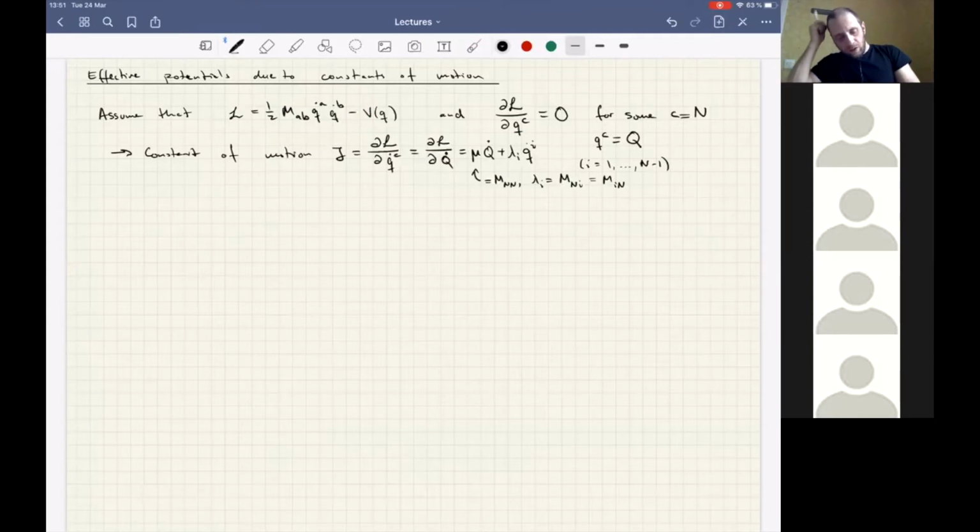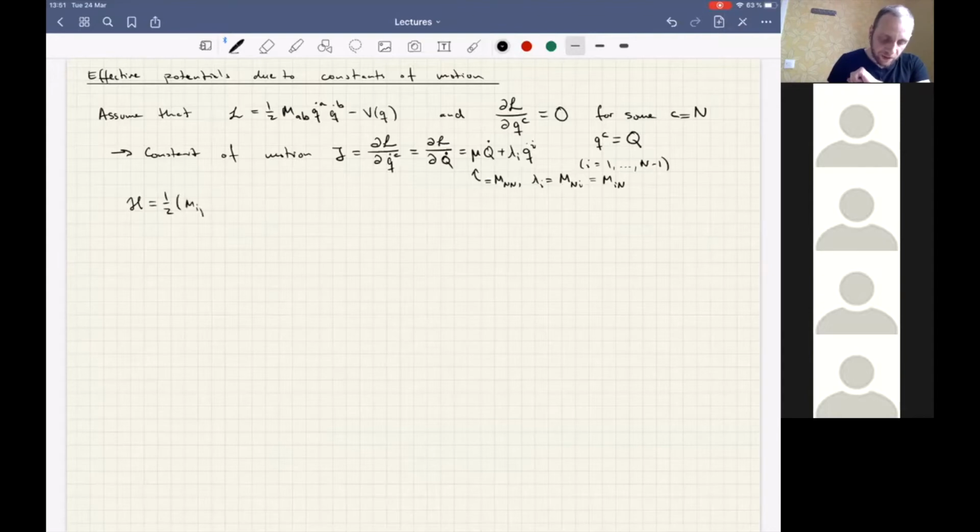Okay, do we have any other constants of motion here? In time, maybe? Yes, so note here that I did not write out any explicit dependence on time. So time translation is also a symmetry, and we know that then the Hamiltonian is conserved. So our second constant of motion is the Hamiltonian, which then takes the following form: 1/2, and now I'm going to separate the sums over the i's and j's and the contribution from the coordinate that we're trying to get rid of.